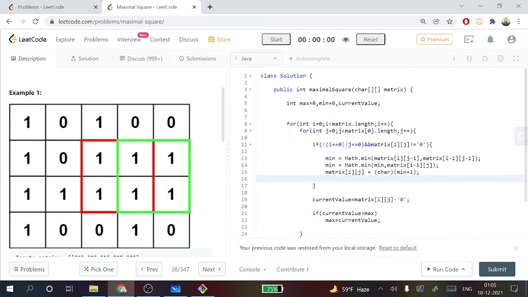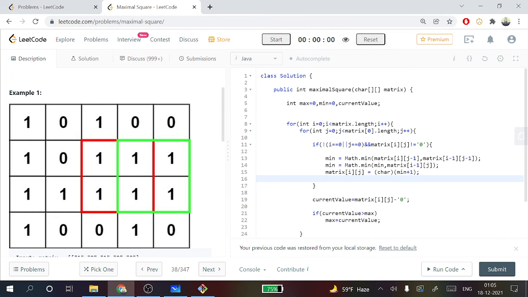What we'll do in expanding is find the minimum of the diagonal element, the upper element, and the left element, that is for i-1, j-1. We'll be finding the minimum of these three, and we'll be assigning +1 to the original matrix. Here we are modifying the original matrix only. Since the original matrix is a character matrix, to find the current value, I am subtracting the character 0 from it, so we'll get its integer value.